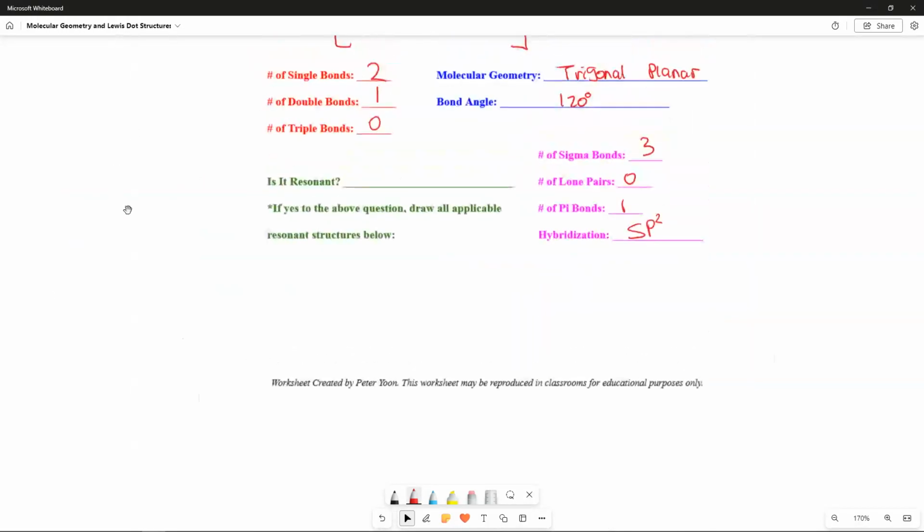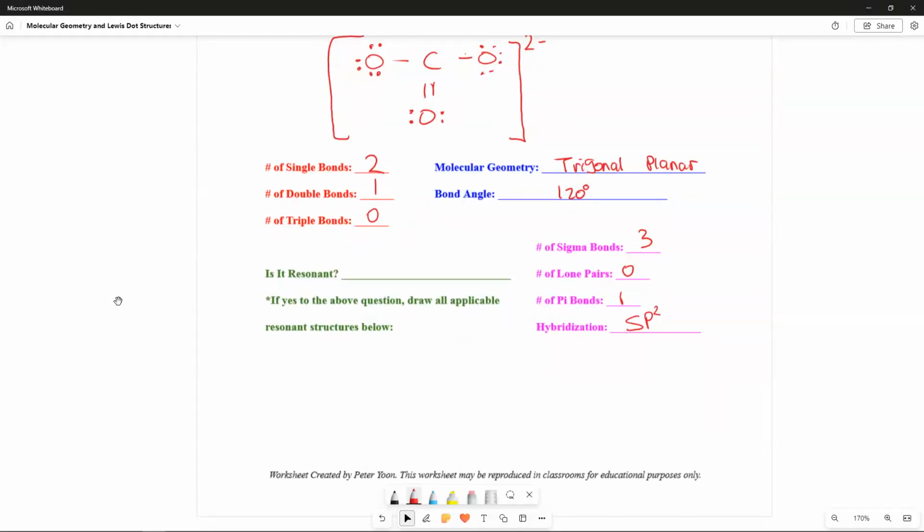So in order to draw this, you do need to draw all of the structures. We're going to have 3 structures. So if you do carbon, oxygen, oxygen, oxygen, this time we're going to have the double bond here. And we do need to do the brackets as well. Let's draw that bracket a little better. I'm trying to make it not go out of the page.